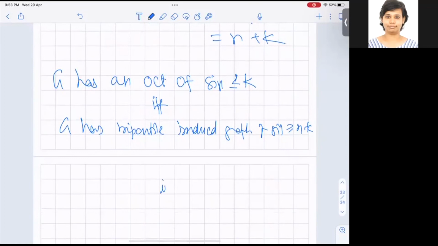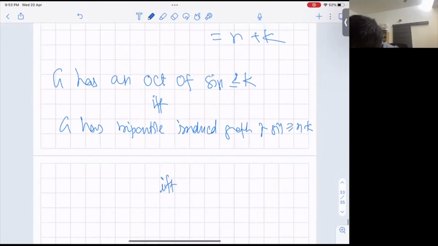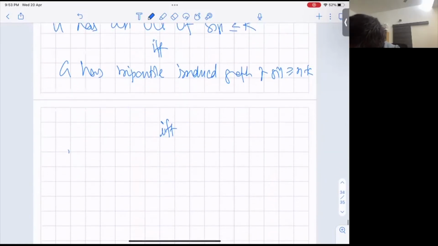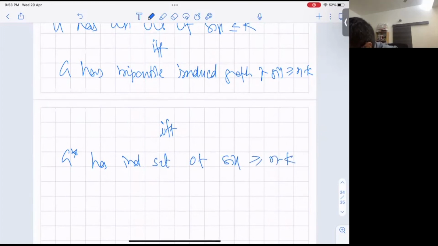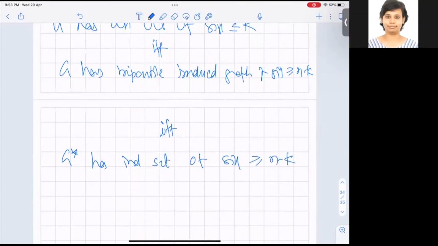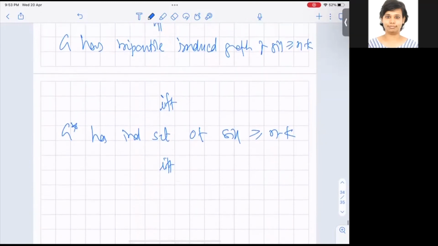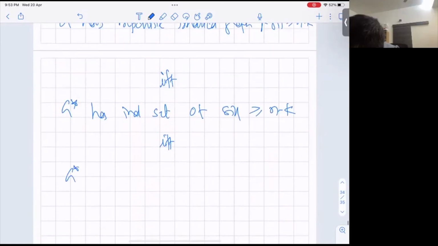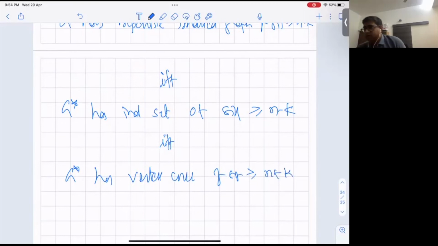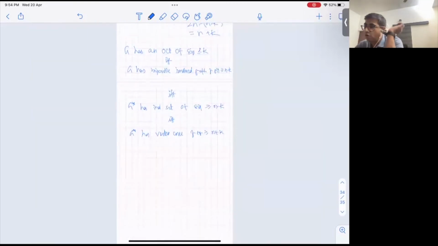If and only if G star has an independent set of size at least n minus k, if and only if G star has a vertex cover of size at most n plus k. This is all that I wanted to say.